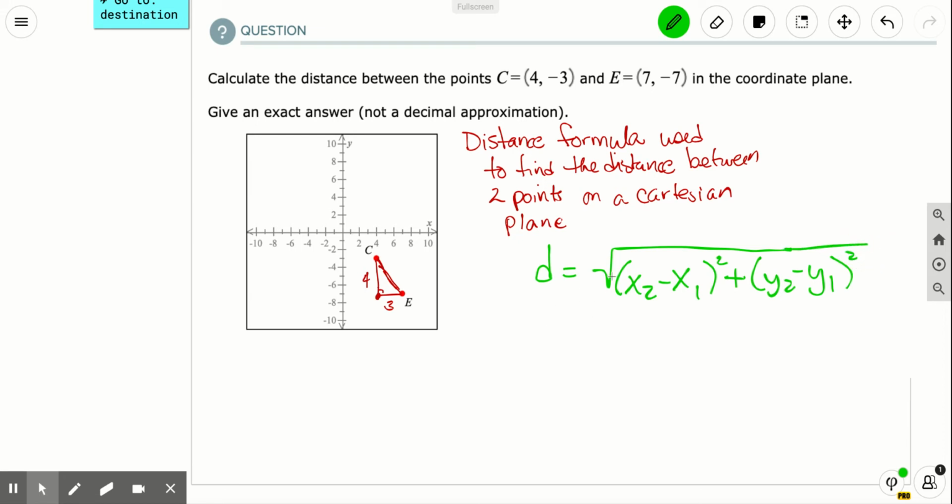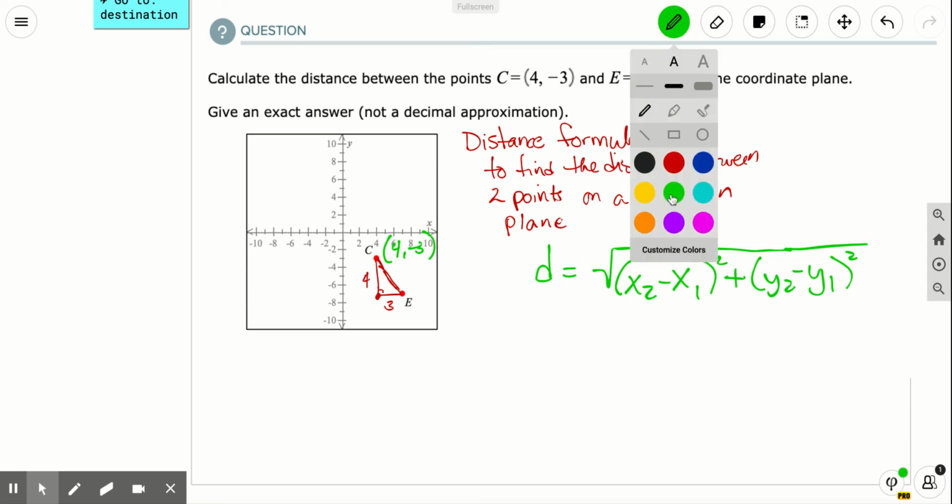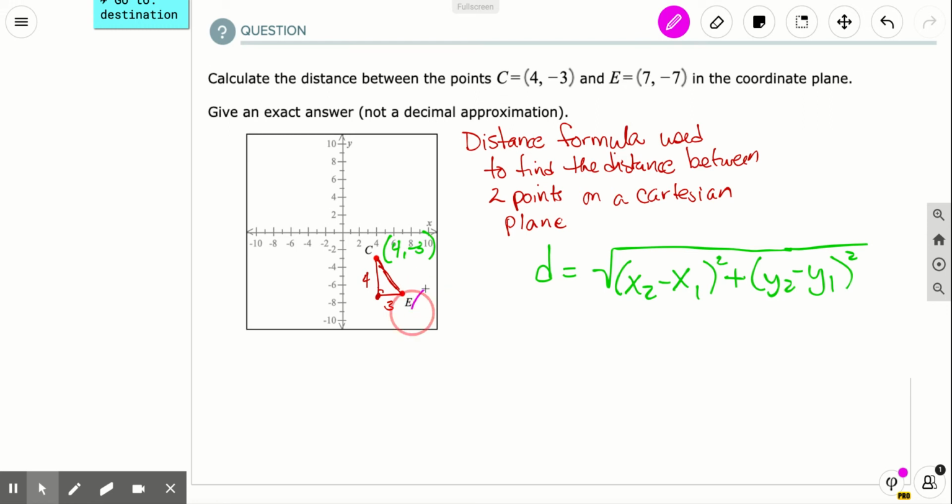All right, so what do I expect you to be able to do? I expect you to be able to take these 2 points, this 4, -3, and this E, 7, -7, and plug them in. So I'm going to change colors real quick. Okay, just to make it very clear what I'm doing. Okay, pink. E is going to be pink. 7, -7.